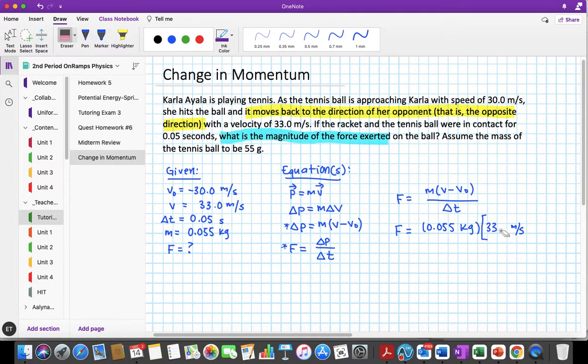Let me fix this one. 33 meters per second minus negative 30 meters per second.